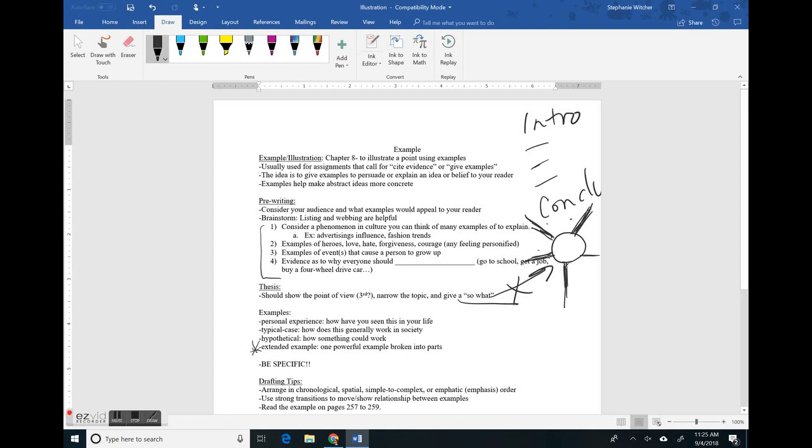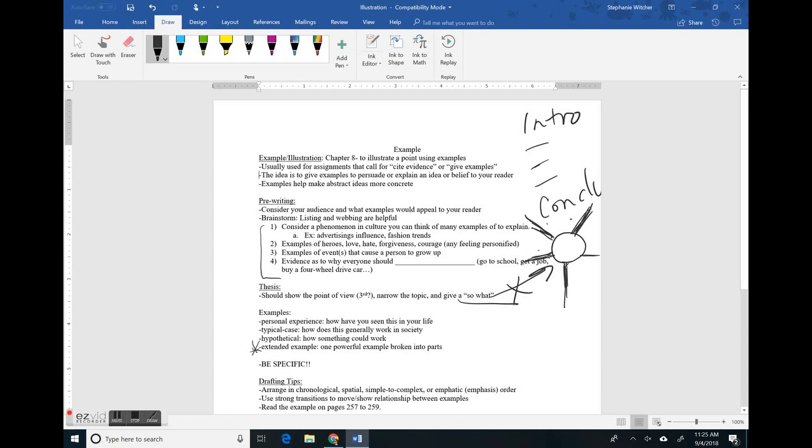I had a student write about why we should raise the legal drinking age because one of her best friends had been killed by a drunk driver who was over the legal age but still chose to drink and drive. Well, telling about her experience and what had happened to her with her best friend so overshadows any other examples she could give that it didn't make sense in her paper to then include 2 other examples.